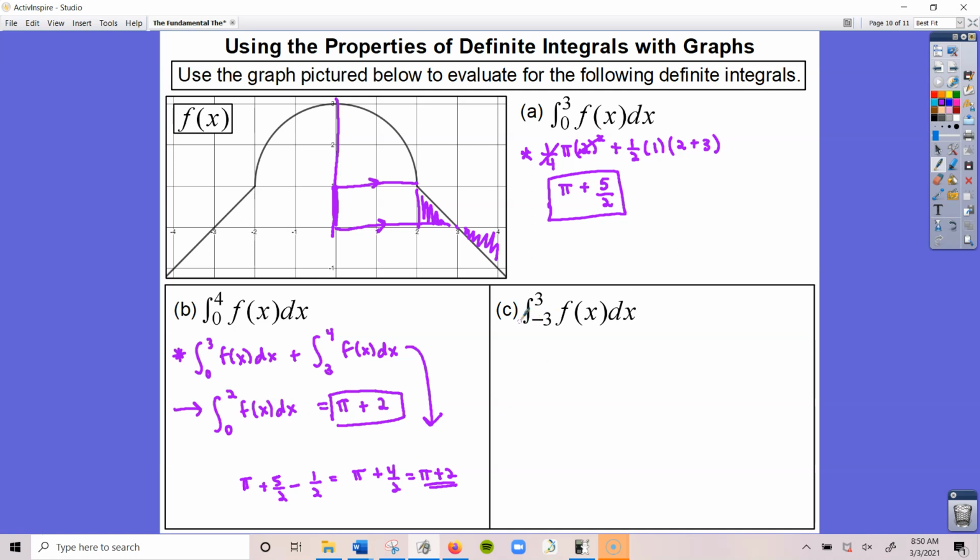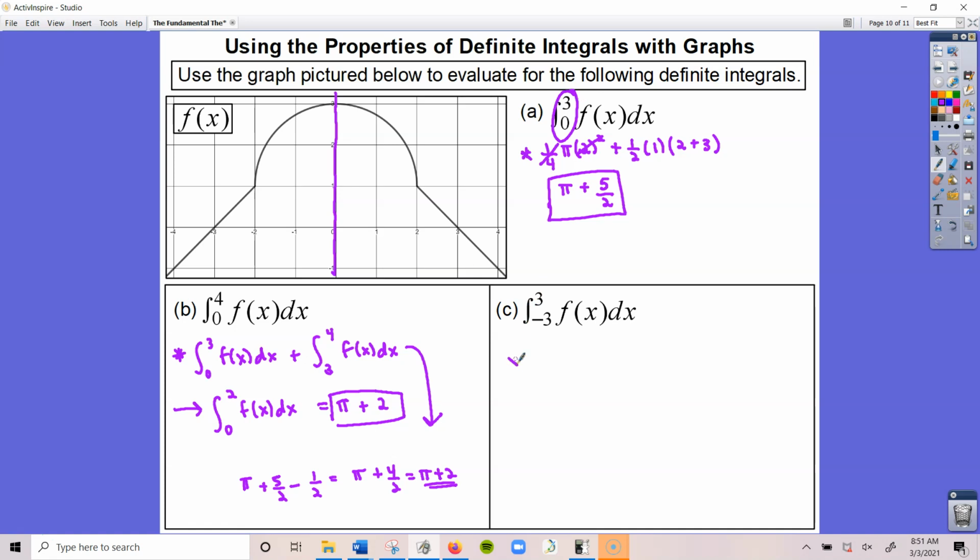Now for this last one, we are evaluating the integral from -3 to 3. Now if we look at this graph, I'm going to erase these markings here, this is an even function because it is split up right down the y-axis and it's symmetric on the left, on the right. So we already got the integral from 0 to 3.